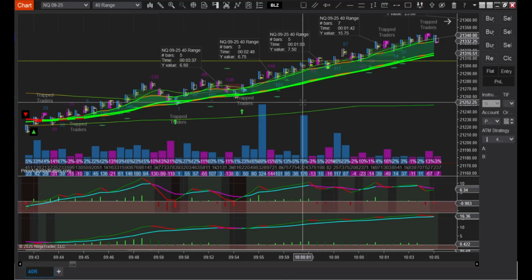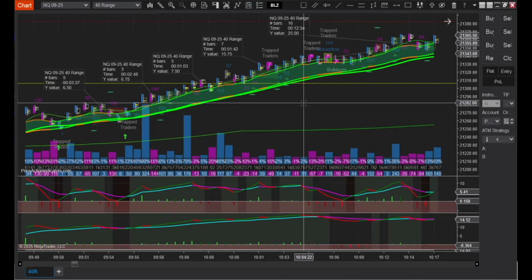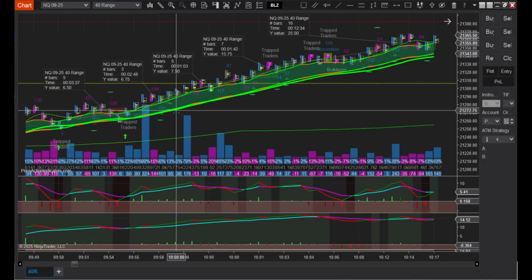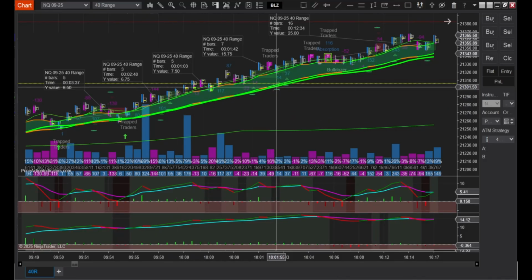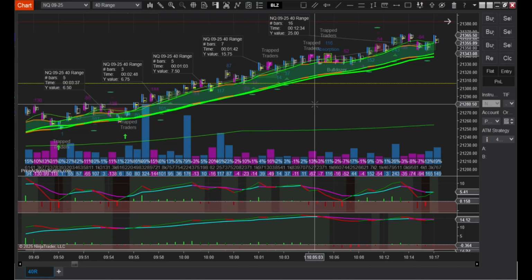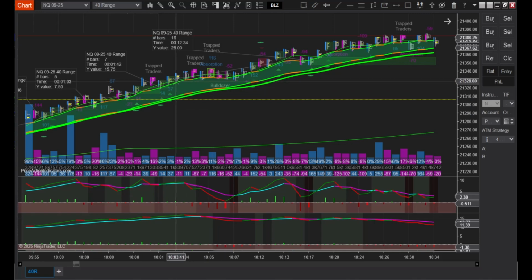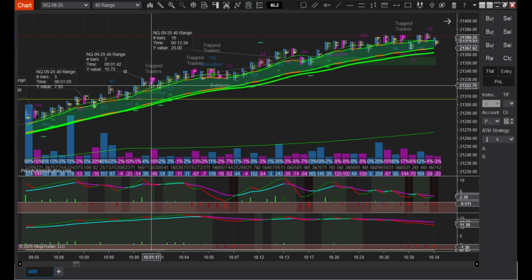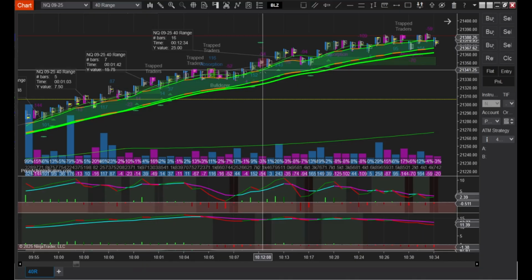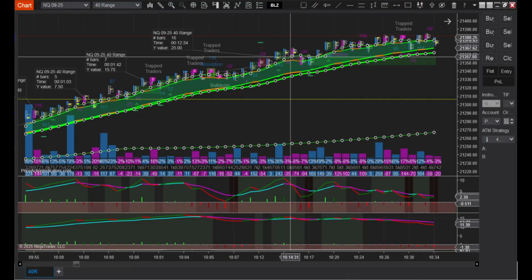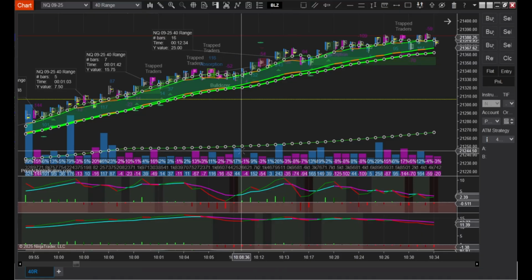It can pull back on you because anything can happen, but you have the momentum of the market right behind you. And it's just constantly moving. Now, the outside channel lines on the momentum track are set to the size of 1.